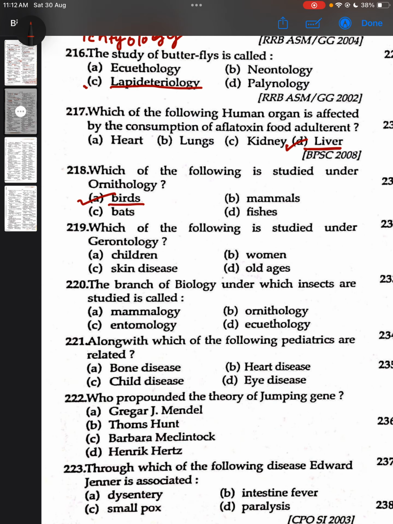Which of the following is studied under gerontology? Old ages. And here aflatoxin is produced from fungus. They are mycotoxins.